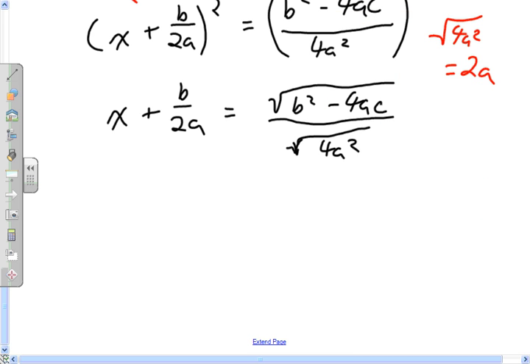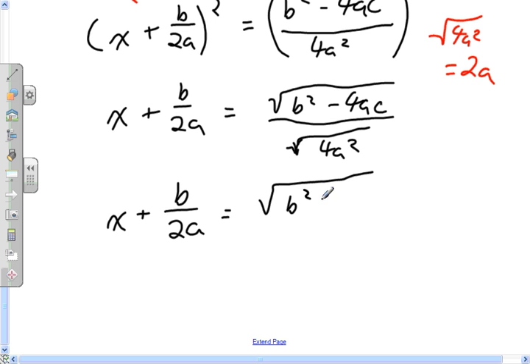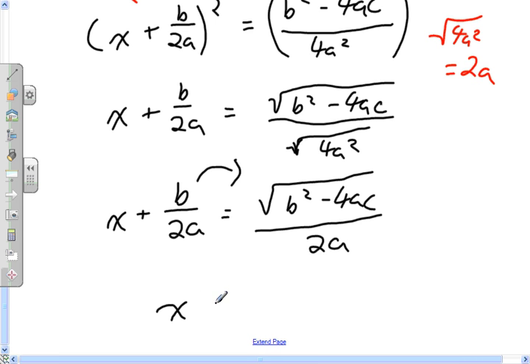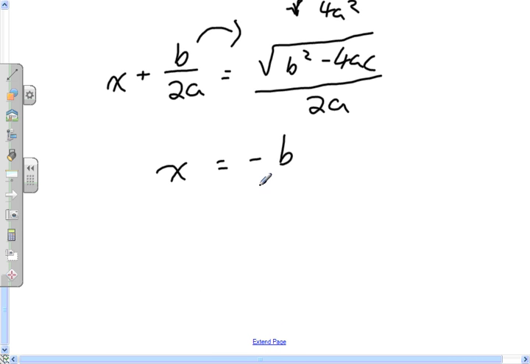So we now have x plus b over 2a is equal to the root of b squared minus 4ac over 2a. I'm trying to isolate for x, so I'm going to bring over the b over 2a to this side. x equals negative b over 2a.